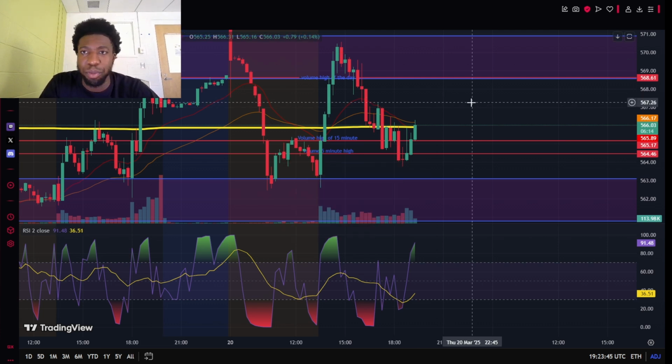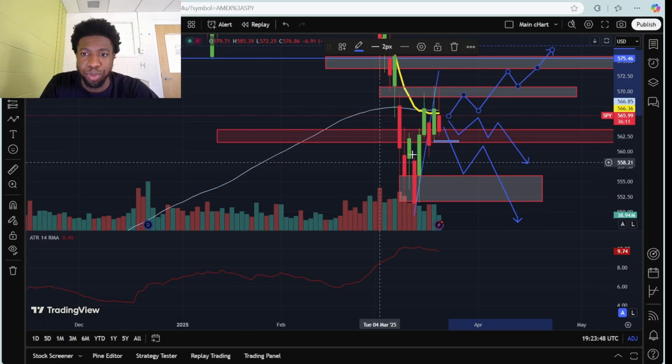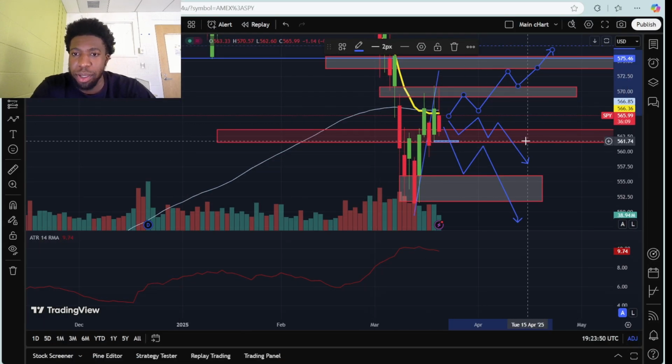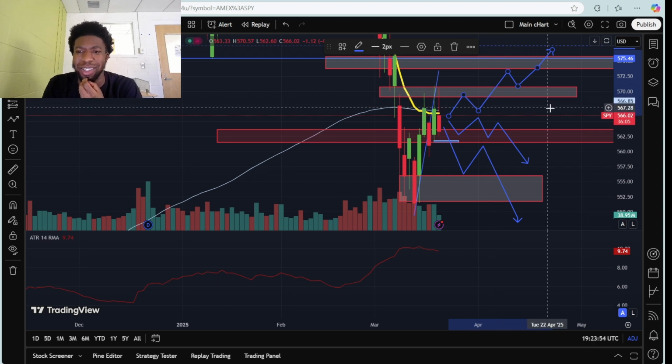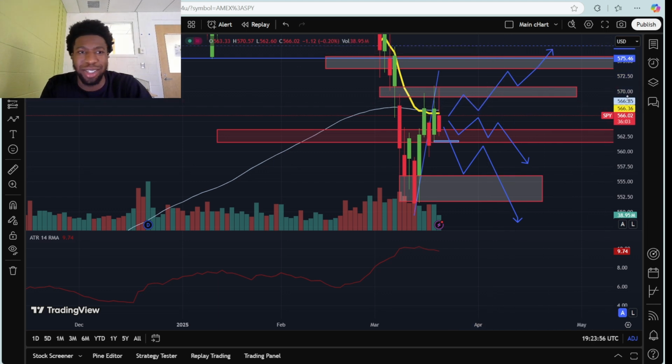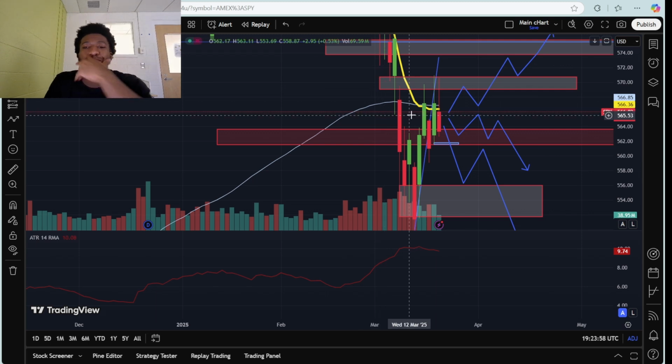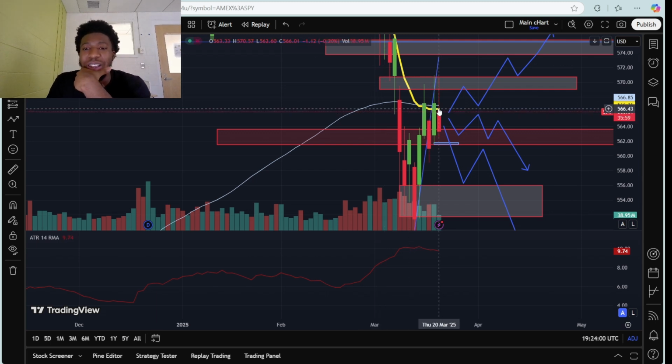Let's look at our biggest time frame though. On our day chart, it has not broken through the VWAP, or it has not held the VWAP. So that is a good sign for the bears.